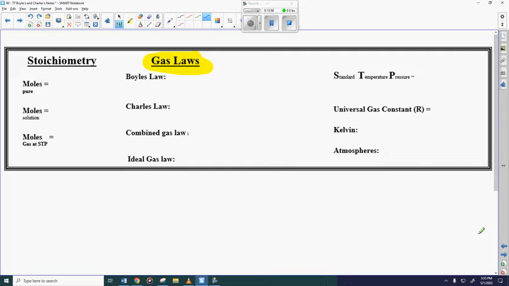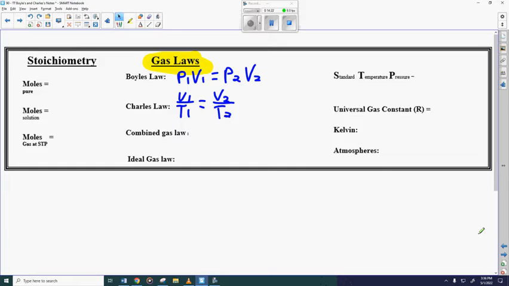So if I were you, I would go ahead and write Boyle's law, P1 V1 equals P2 V2. And then we have our Charles' law, V1 over T1 equals V2 over T2. Just like that. And that way you'll always have them ready to roll.